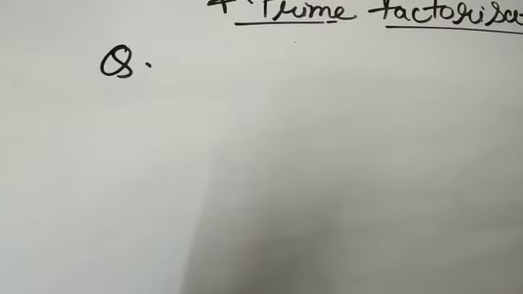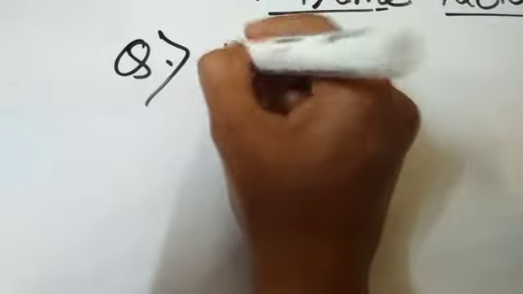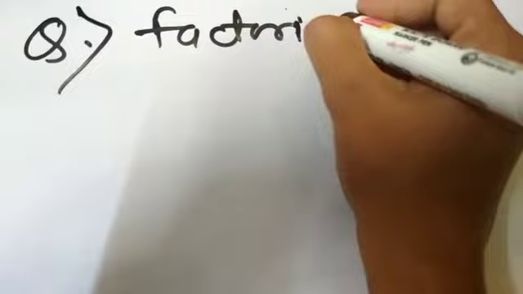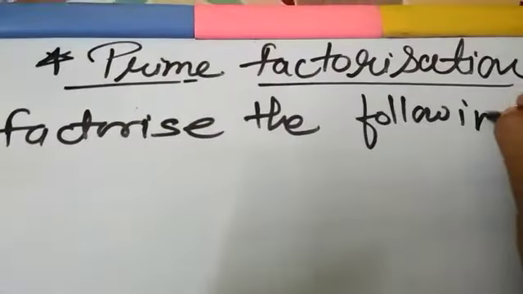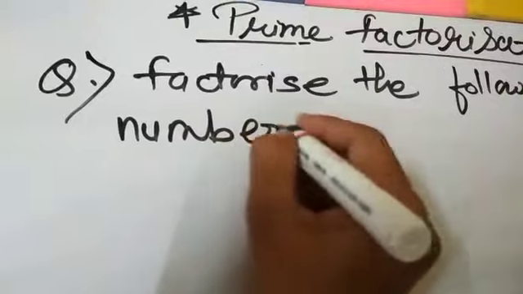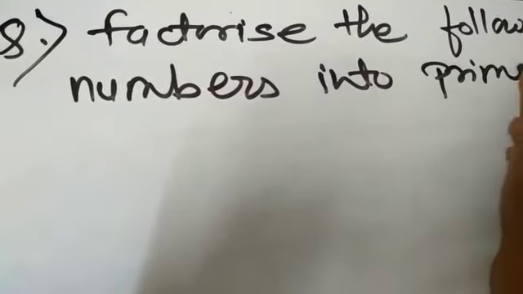Now let us take an example from the practice set. The question is: factorize the following numbers into primes. Now we are finding the prime factors of the numbers.